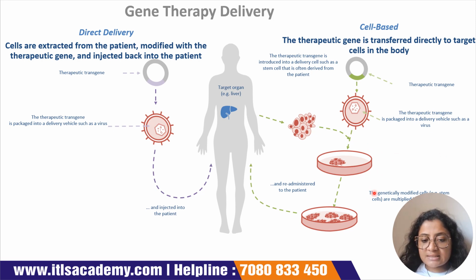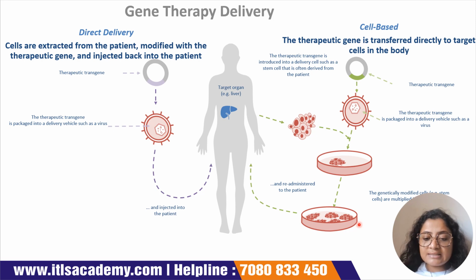As a result, the genetically modified cells are produced, isn't it? Because this transgene will integrate itself into the chromosome of these hepatocytes. So these will be the genetically modified hepatocytes which will be multiplying and replicating in the culture plate, because we have given the optimum nutrients in the culture media.